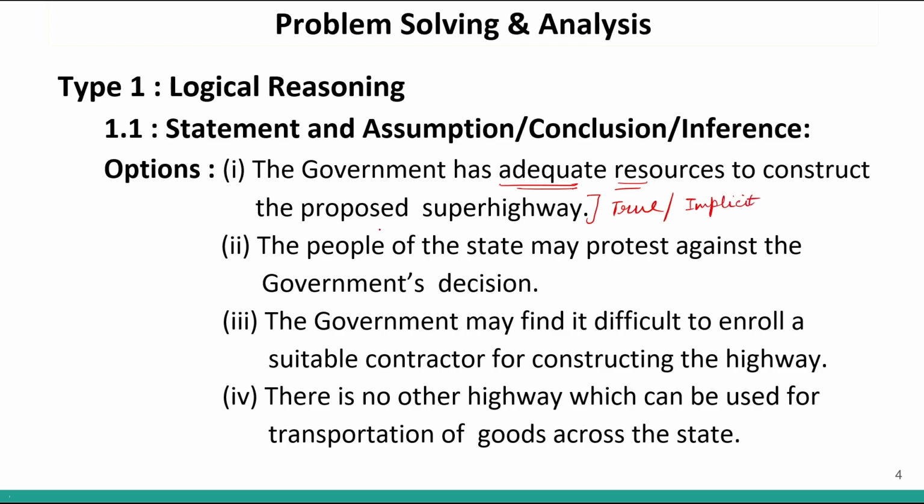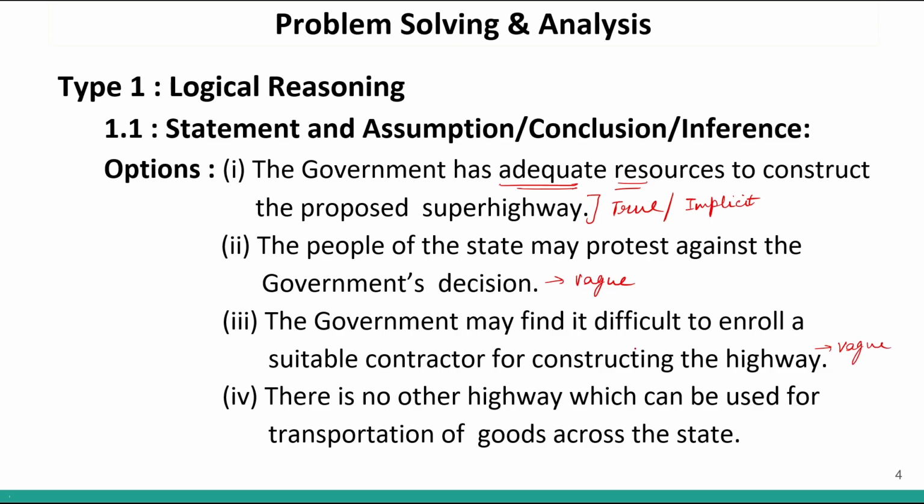Now, the people of the state may protest against the government's decision. This is a very vague statement. We cannot say for sure whether this is true or not. The people of the state may or may not protest. So this is not valid. This is not a correct assumption. Now, the government may find it difficult to enroll a suitable contractor for constructing the highway. Again, a vague statement.